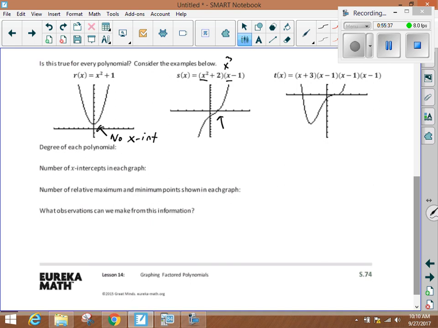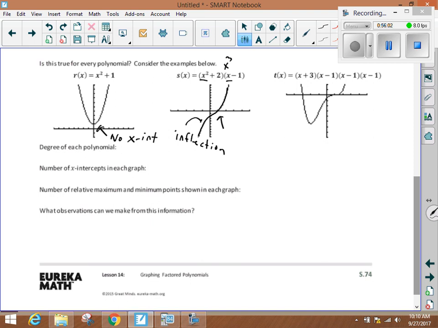And it actually has 0 relative max or min. We cannot say that this is a min. This is actually an inflection point, or a point where it changes direction. It's changing direction, but it's not going from increasing to decreasing. Across this, it is still increasing. It never stops increasing.